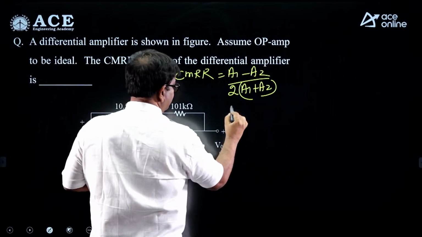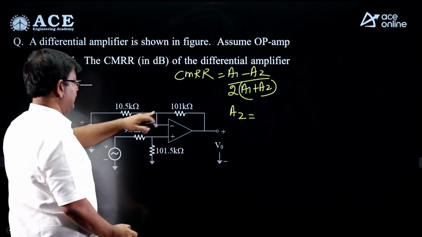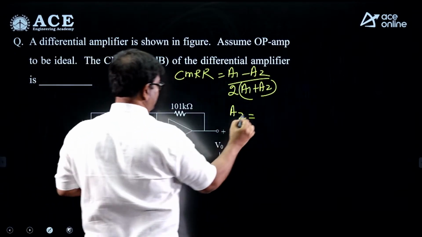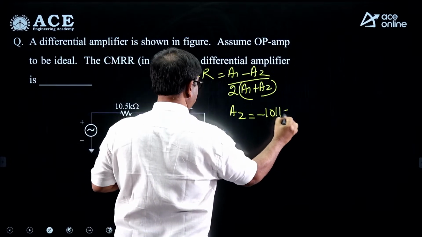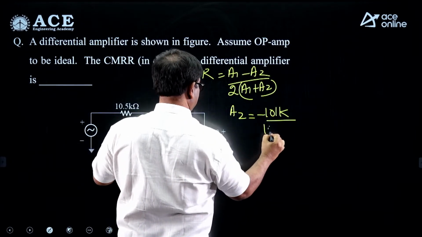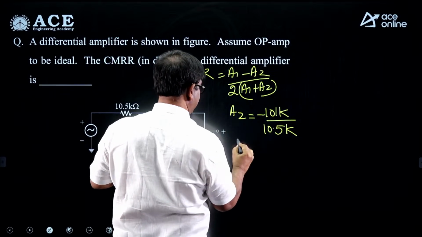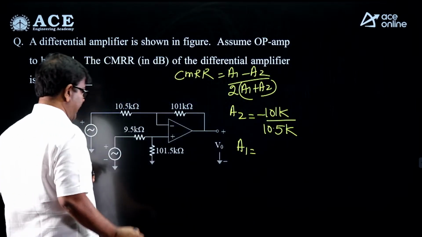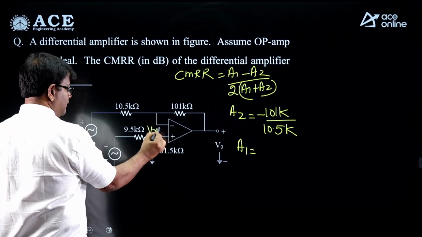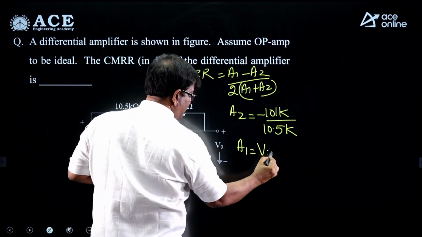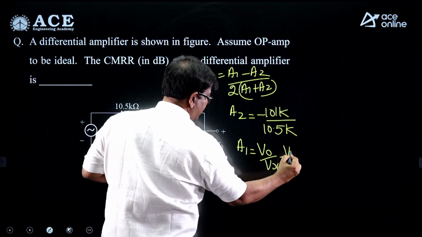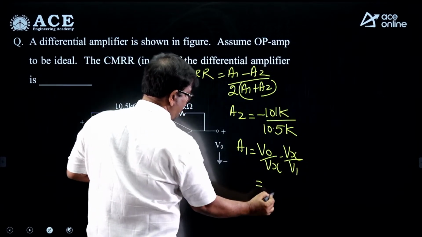So what is A2? A2 is directly minus RF by R1, minus 101K by 10.5K. This is A2. For A1, I'll take this node as Vx. So it's going to be V0 by Vx into Vx by V1, okay?